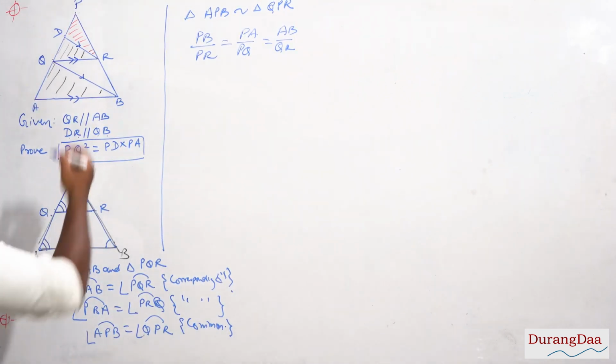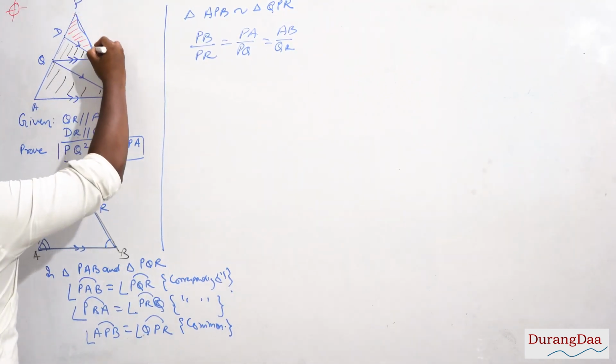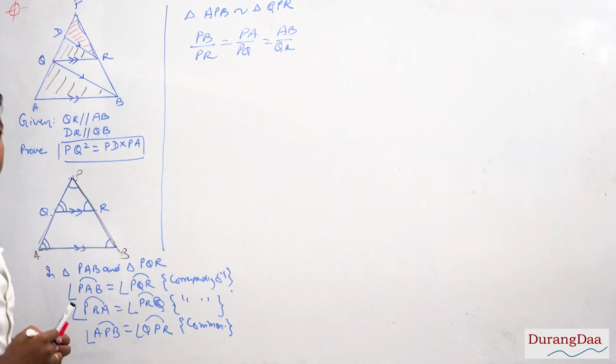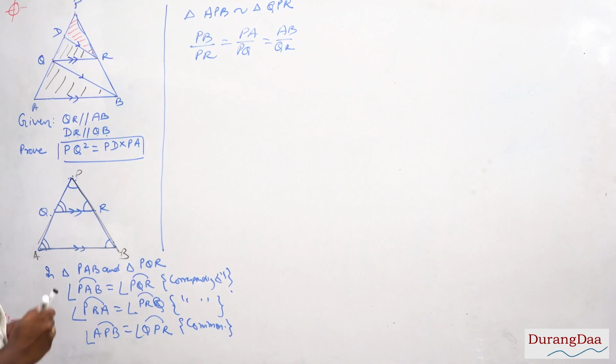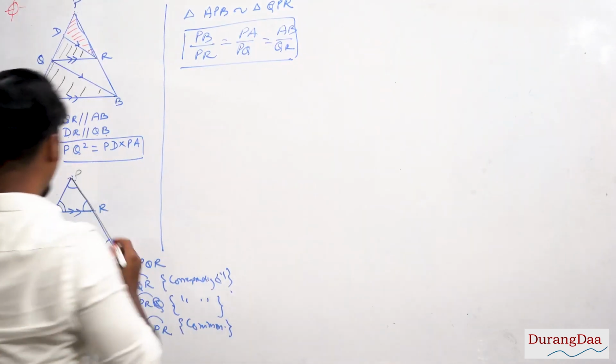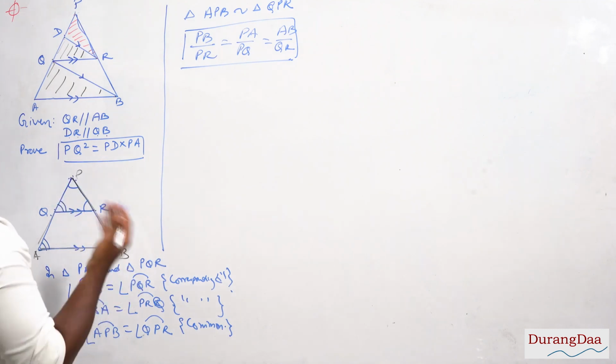Now keep in mind, I told you side PR and PB are common to two pairs. We are going to see that. Now just leave it here for now. Now move on to the next pair of similar triangles.